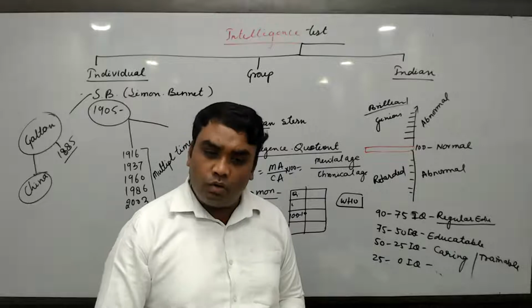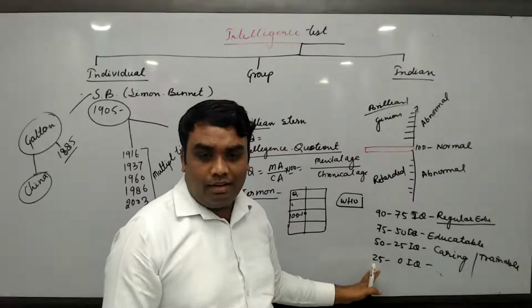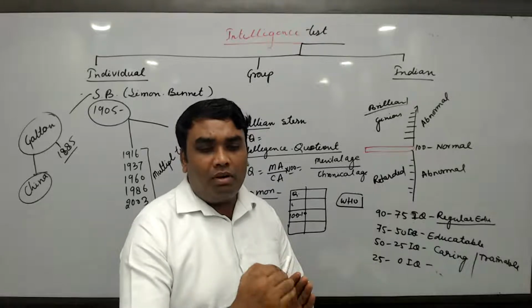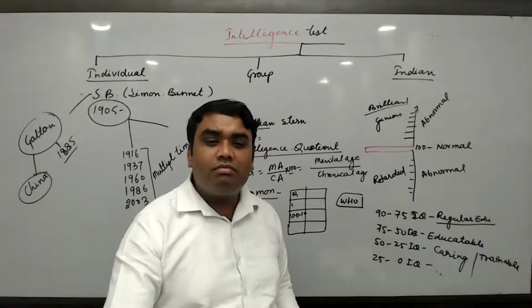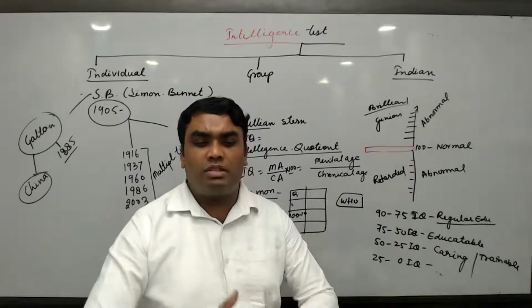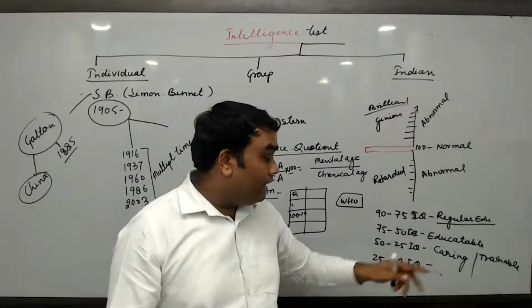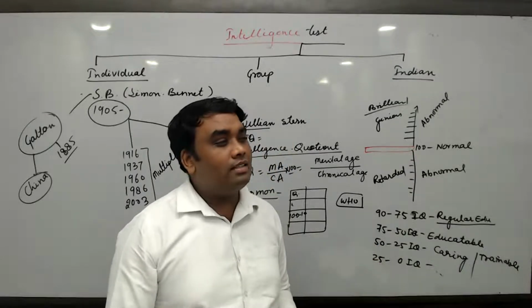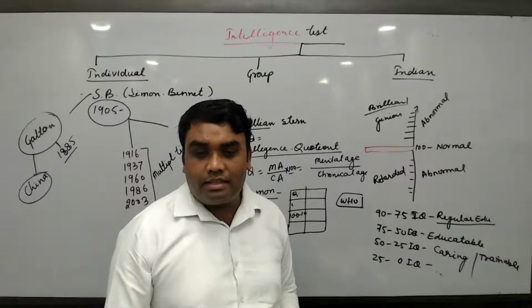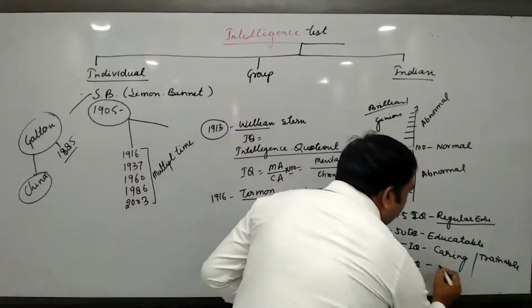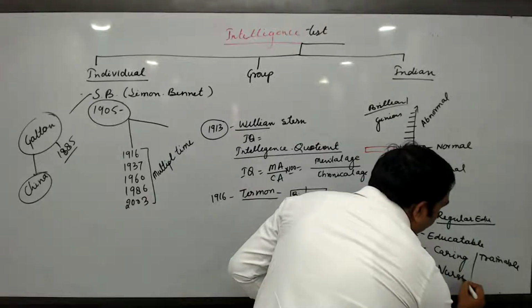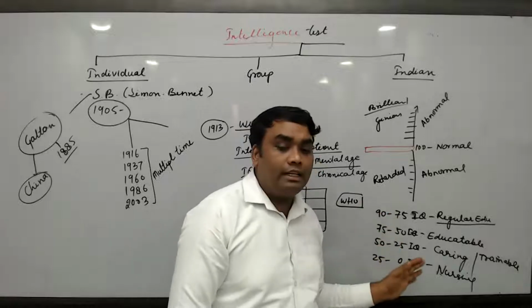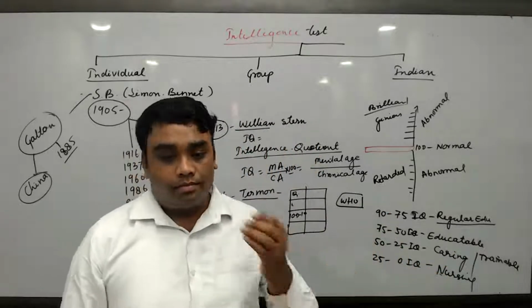Even in NCERT, there are 4 categories given. But the problem is that the IQ numbers sometimes increase or decrease by 1 or 2 or a few numbers, or their names may be different, like retarded, imbecile, etc. The last category is nursing child. So these are the basic categories of children.